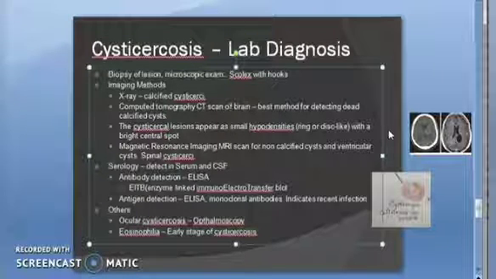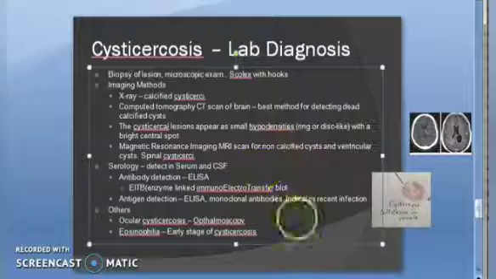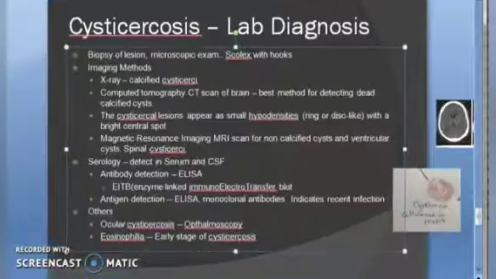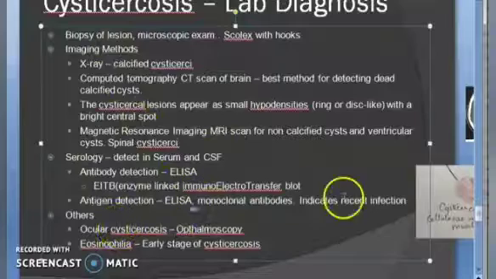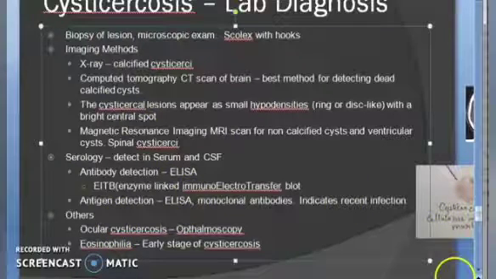ELISA, same thing, EITB, and antigen detection you can do. Then for ocular cysticercosis, you will use the ophthalmoscope. Then eosinophilia you will detect in blood. So cysticercosis lab diagnosis is kind of special. If you want, you can look at the details of cysticercosis lab diagnosis some more, okay?